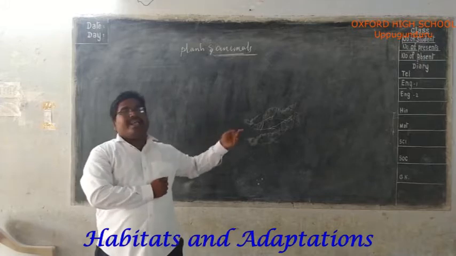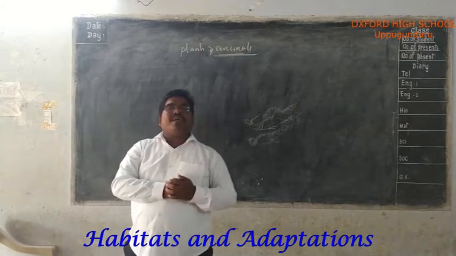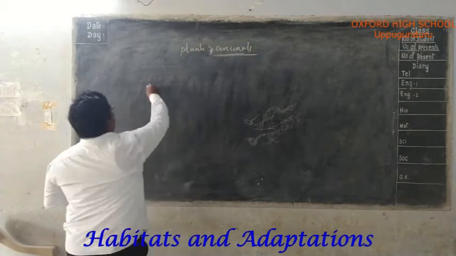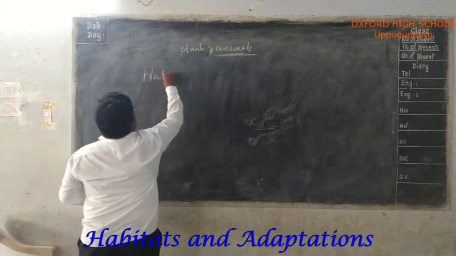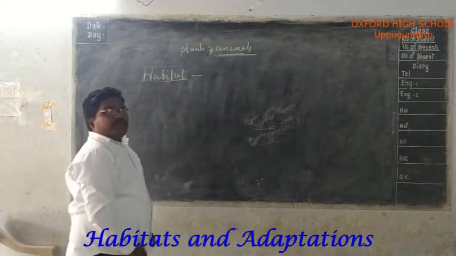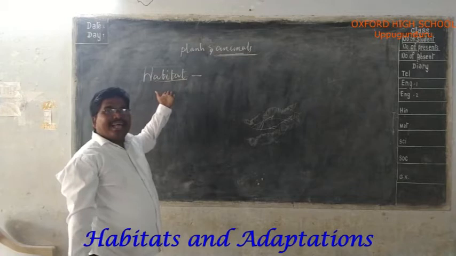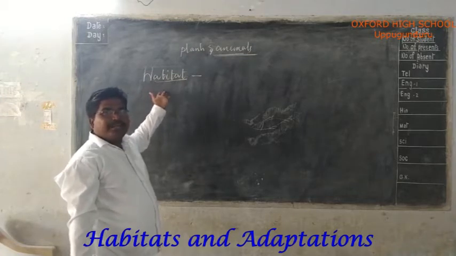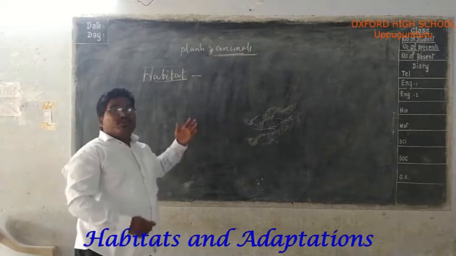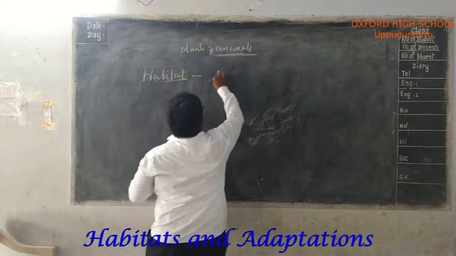So they live in the wildlife only. The particular place where they are living is called habitat. Now in this lesson we are going to discuss where the animals are living. Where an animal is living is called habitat. And the benefits that the animal has to live in that particular situation are adaptations.